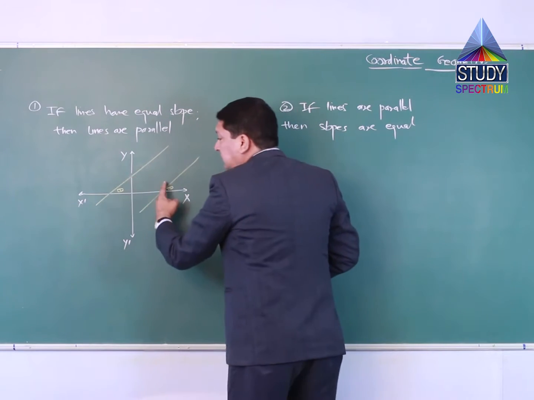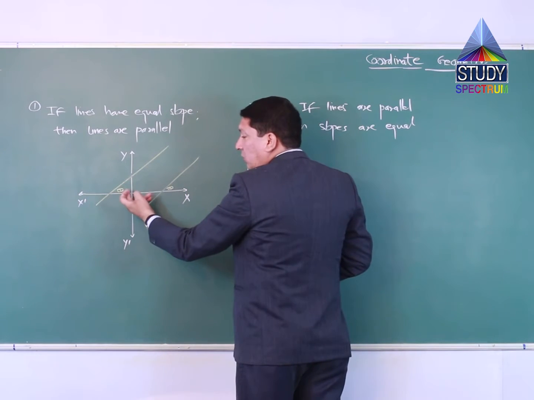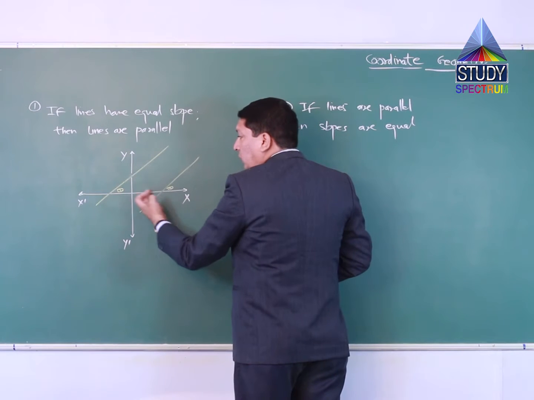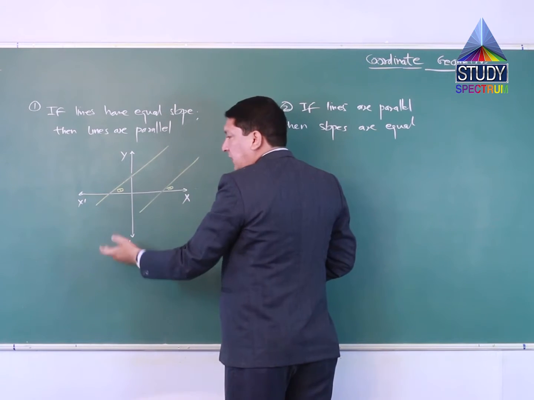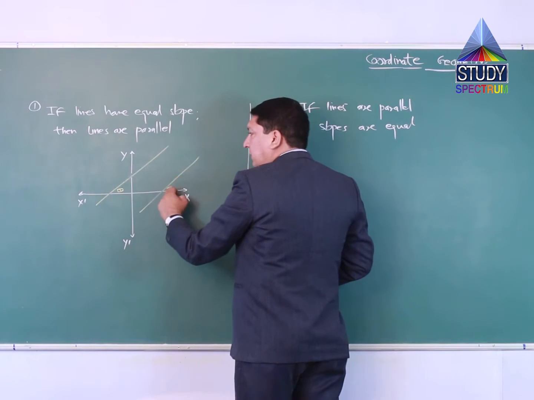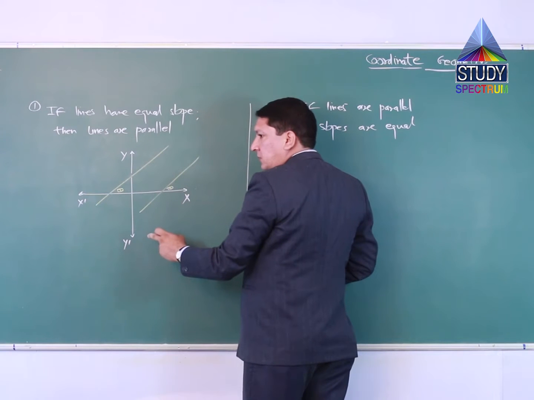Now, if these two lines have equal slope, we can say lines are parallel. Very easy, you can make out. When these two angles are equal, by alternate angle test, we can say lines are parallel. Right? When these two lines have equal slope, that means thetas are equal. By corresponding angle test, lines are parallel.